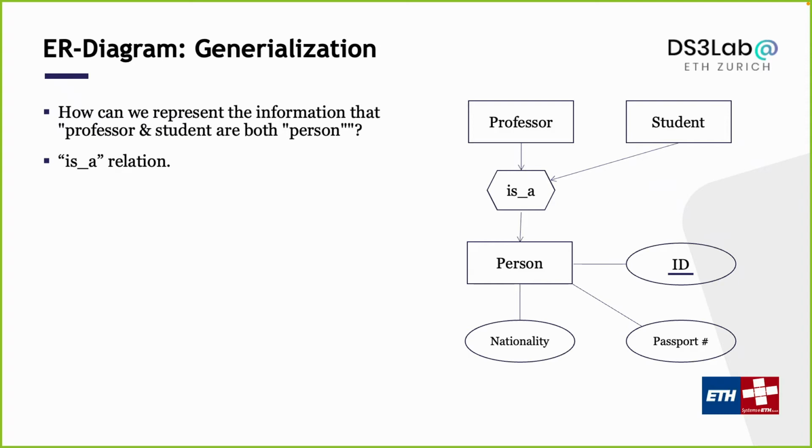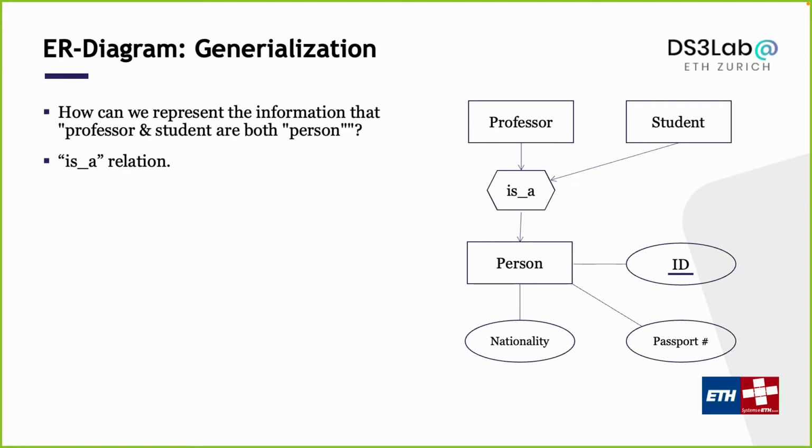They are connected by this is-a relationship, which means that professor is a person, student is a person. And then you have the direction of the edge, from professor to person, from student to person, corresponding to the direction of the hierarchy. Professor is a person, student is a person, okay?